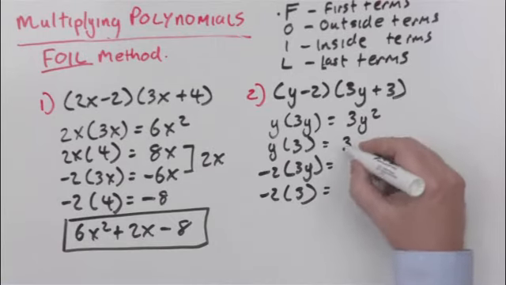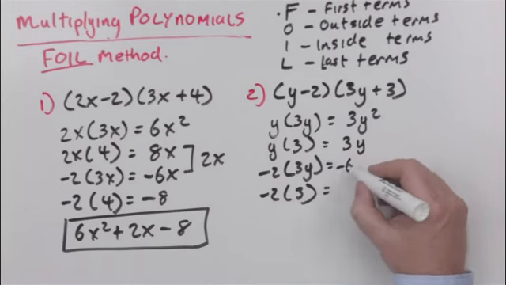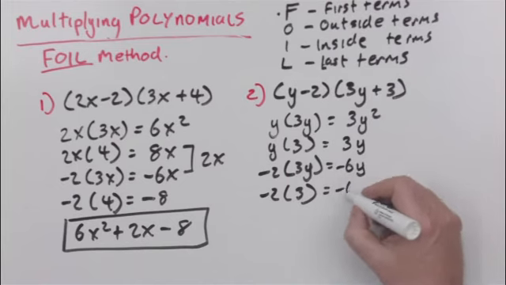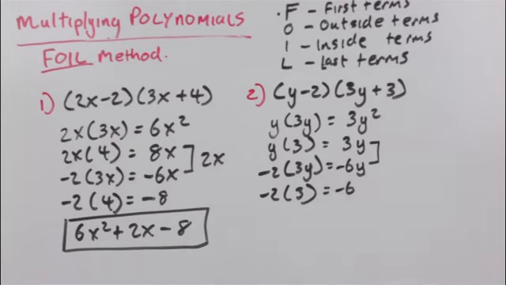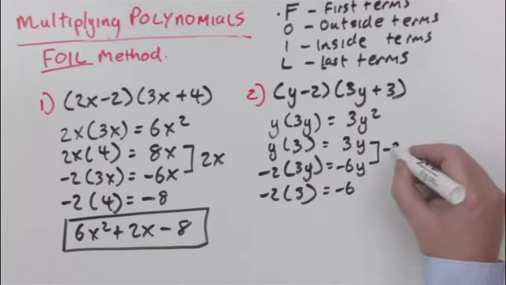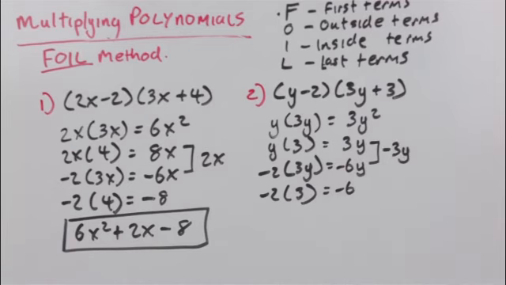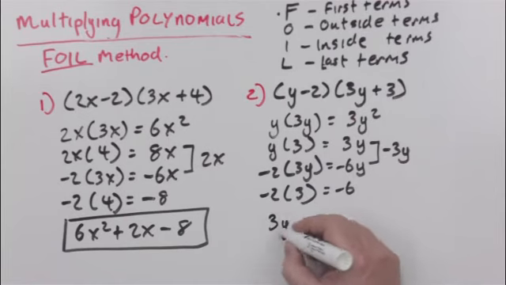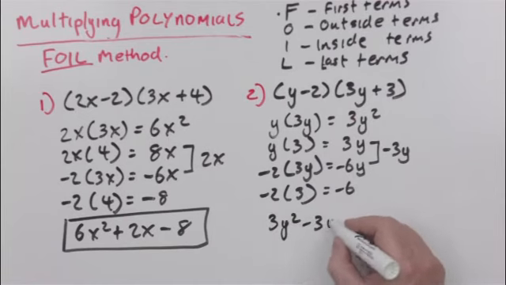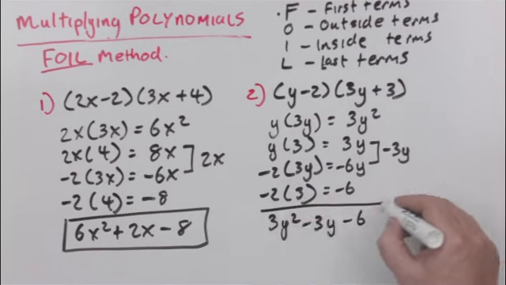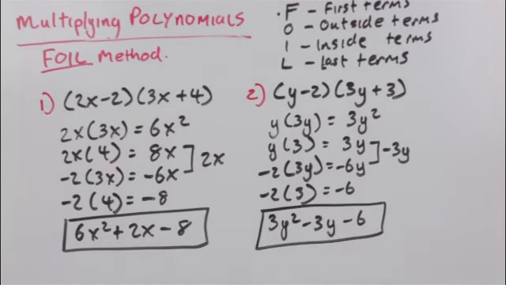Negative 2 times 3y is negative 6y. And that would be negative 6. Combine like terms: 3y minus 6y is negative 3y. So here's my answer: 3y squared minus 3y minus 6. And that is my answer using the FOIL method.